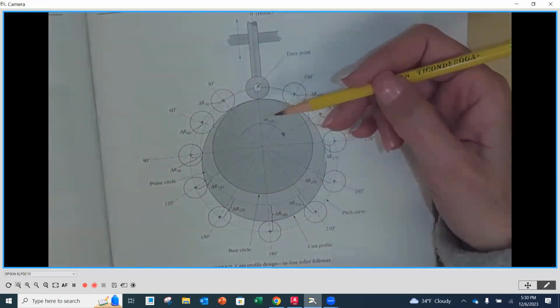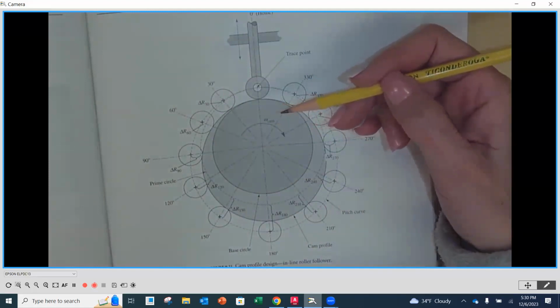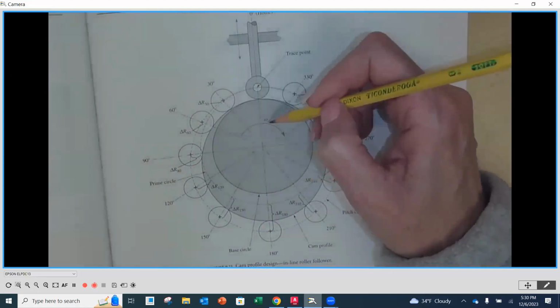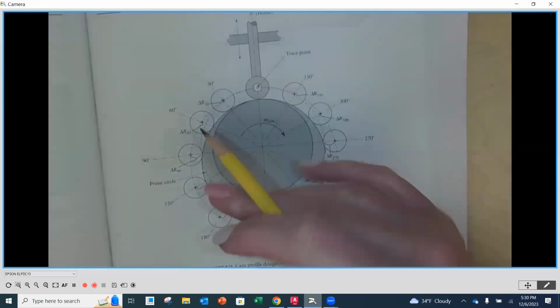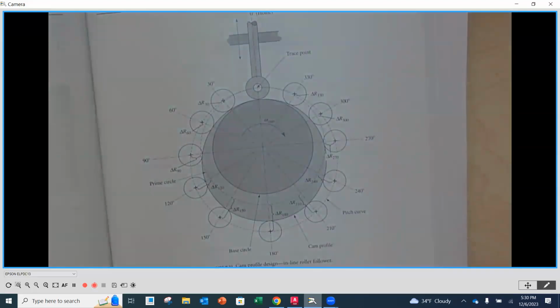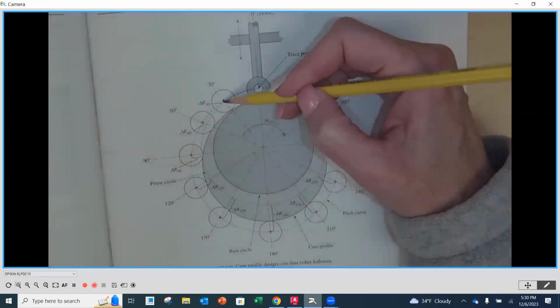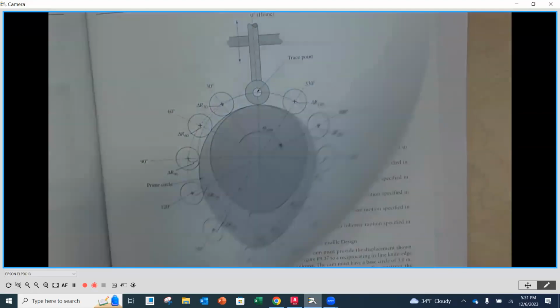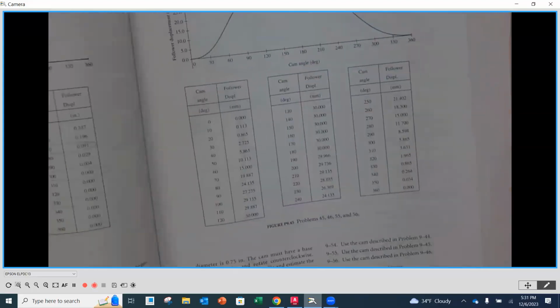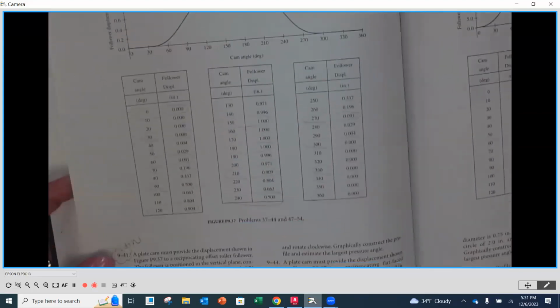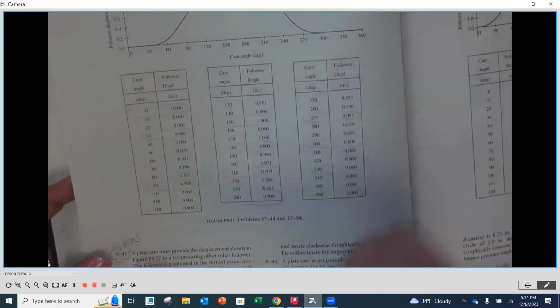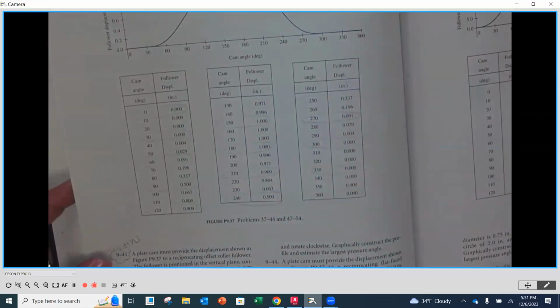And the cam itself is rotating clockwise. So it's rotating in this direction. So you're going to construct it just like what you see here. Okay. Every 30 degrees. And then your 30, 60, 90, 120 increments are going to come from the top of page 256. You're going to use this chart and you're going to go every 30 degrees and plot that displacement coming back all the way around. Okay.